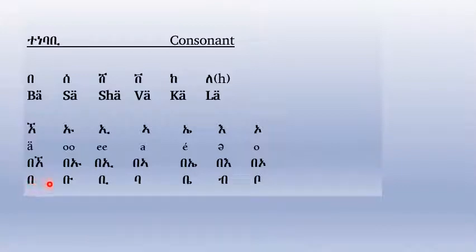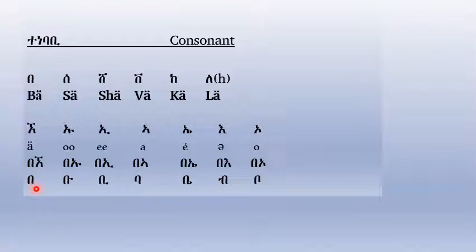In fact, this is the way we write Amharic, not like this. If you want be, you write like this, not like this. Because Amharic speakers, if you write these 2 letters, they read be. They cannot say be. Anything you write would be read. So this is not be. This is be.